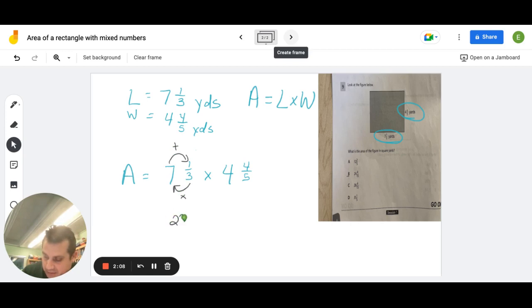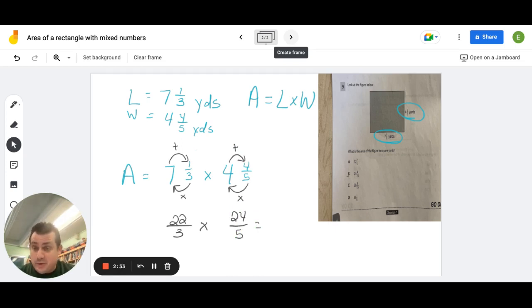So I get 22 over 3. Then I'm going to multiply that by 4 4/5, which is 5 times 4 is 20, and add the 4, which is 24/5.